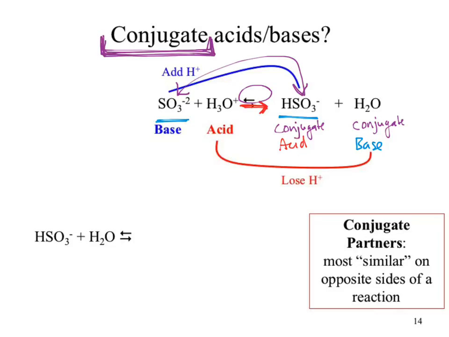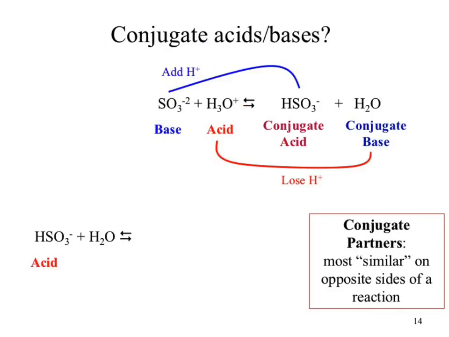Okay. Since you're all listening really well, this would be the perfect time to pause the video. If we look at the second equation, we've got our acid, we've got our base.